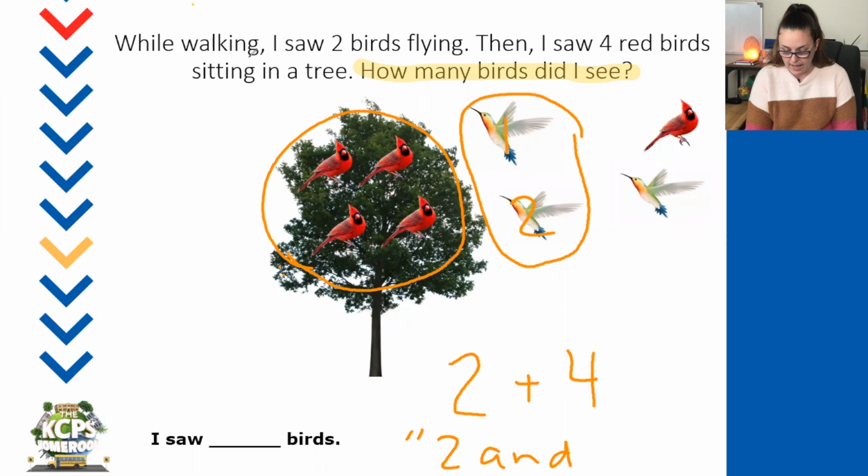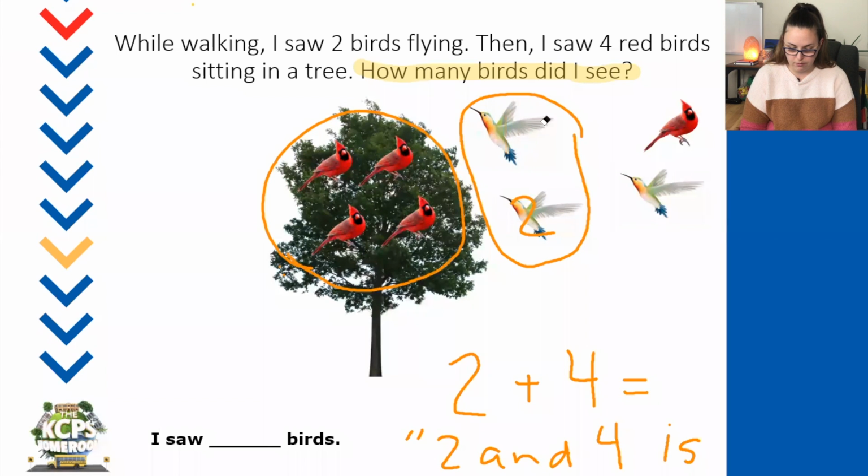So 2 and 4. And then we have to write an equal sign. An equal sign we can say with the word is. So 2 and 4 is, and then we have to think about putting them together. So let's go back up to our drawing.